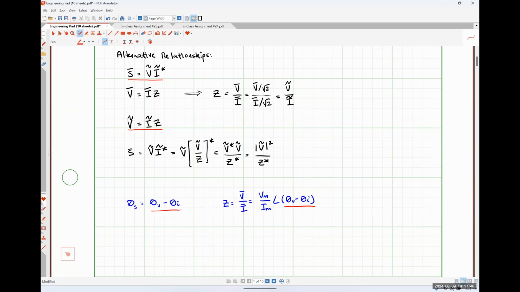The impedance gives us the rest of the information about the complex power.